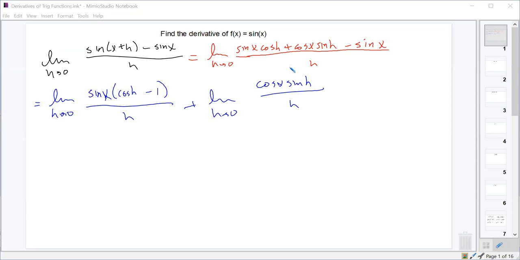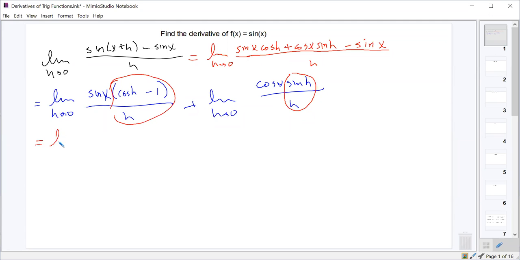We should notice something about each of these limits that is familiar to us. What's familiar to us in the second limit over here? Sine h over h. Yeah, this should be familiar. And what's familiar in the first one? Cosine h minus 1 over h. Yeah, this one.